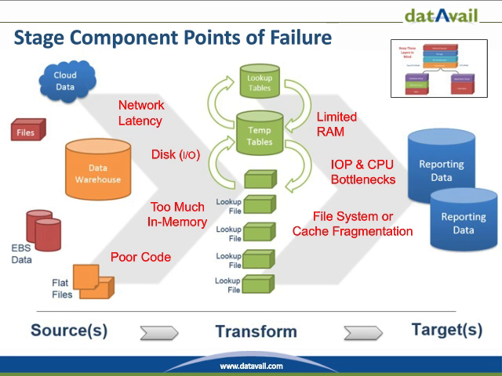File system or cache fragmentation. File systems can become fragmented. And if you're working within Windows, the Windows servers sometimes will get fragmented. The file systems will become fragmented. So you want to be checking for file system fragmentation, and you want to be careful that that's not a problem. Now, it is true that Linux file systems can become fragmented, and I know that that's somewhat of an area of contention.